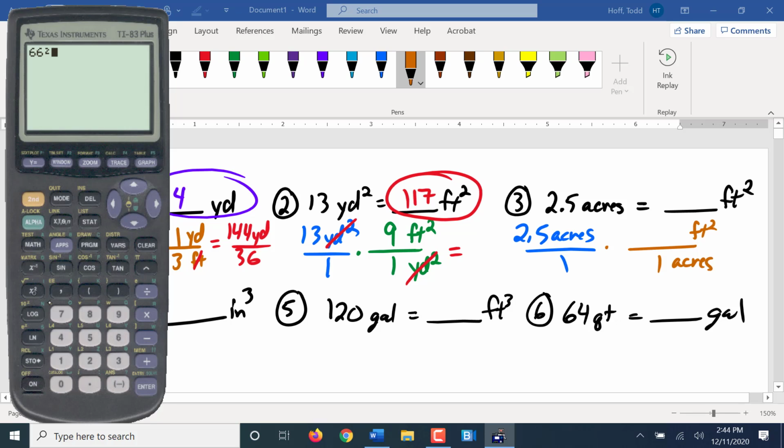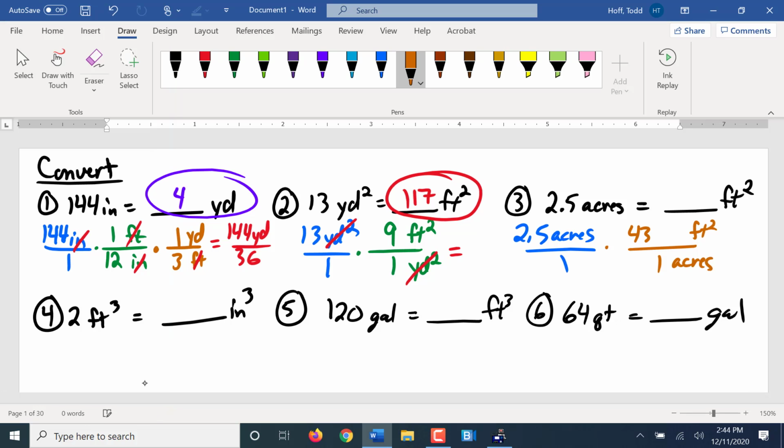So you do 66 squared, 4,356, and it's 10 square chains in an acre, 43,560. Again, you guys don't work with chains really either, so I don't necessarily expect you to remember what a chain is either. 108,900? Perfect.